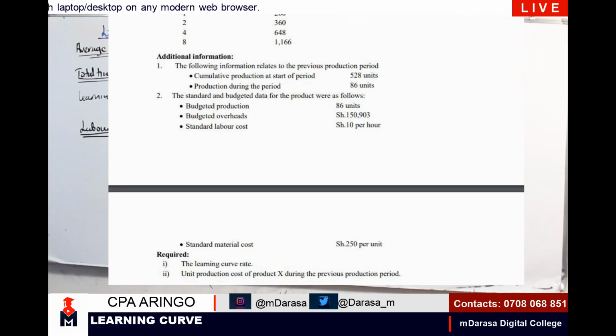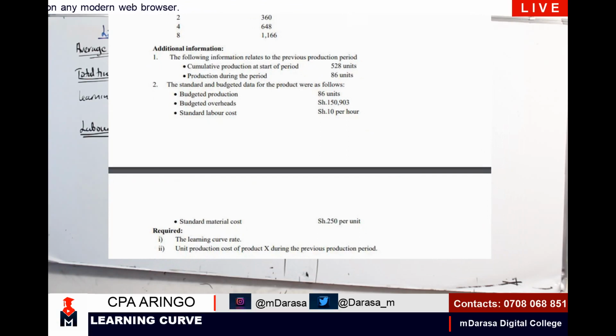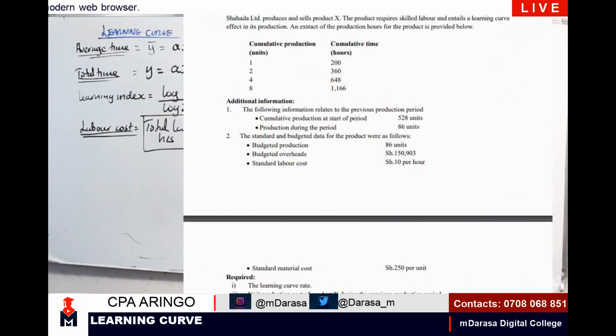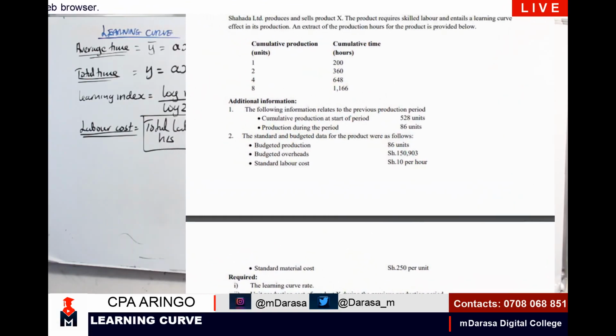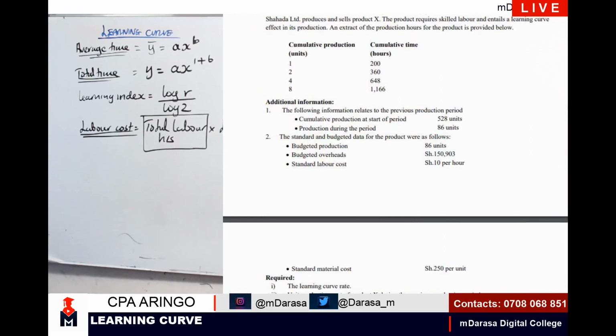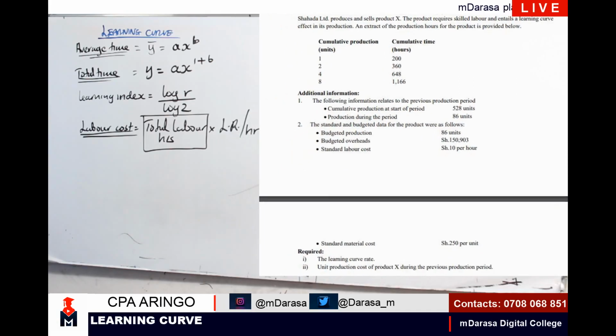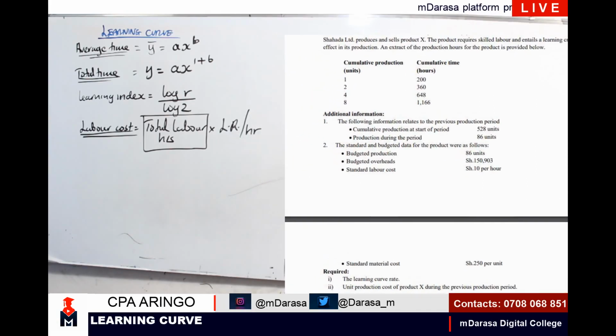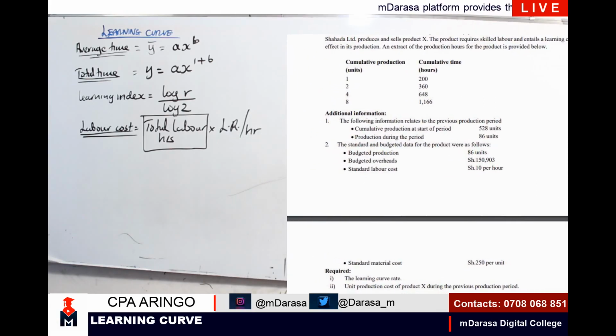So this is what I'm required by our examiner to work out. That is our question. Kindly take a screenshot of it. Mwalimu is going to have it on the corner here so that you can work it out as you're viewing the question. I believe it will be visible to all of us.